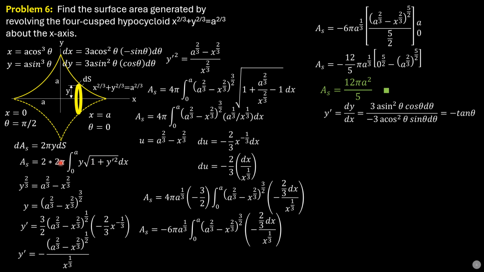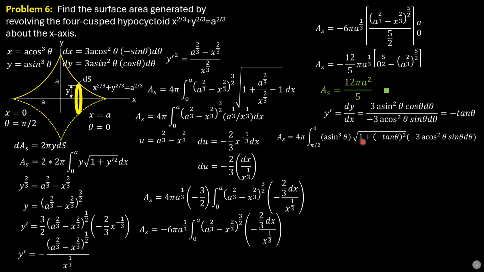So let's proceed with this. So area S equals 4 pi integral from pi over 2 to 0 of y, which is a sine cube theta, then square root of 1 plus y prime, negative tangent theta square, times dx, negative 3a cosine square theta sine theta d theta.